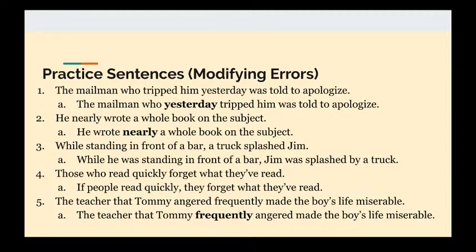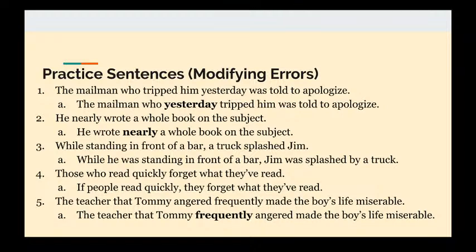So we have some practice sentences with modifying errors. The mailman who tripped him yesterday was told to apologize. Here, again, modifiers can definitely rely on what the author wants to say, so it could be correct as is with sentence 1.